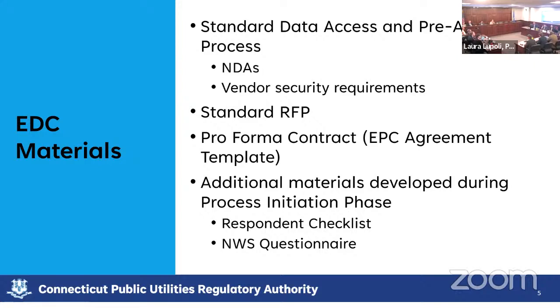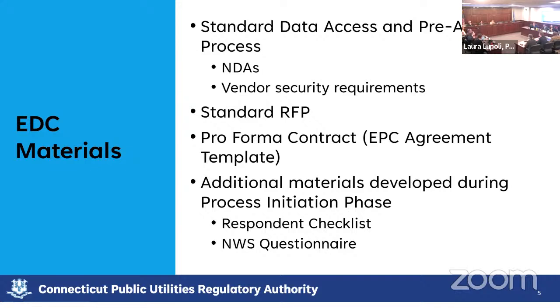So those two items actually came from the process monitor after they reviewed all our materials. They came back and said, and please correct me if I'm wrong here, it would be great if there was a respondent checklist so that developers submitting proposals, spending so much time developing them, have a quick checklist to ensure their proposals are complete.